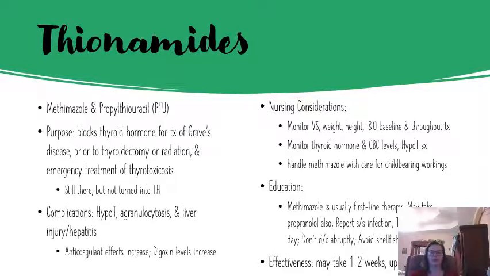We can give it prior to a thyroidectomy or radiation, and for emergency treatment of thyroid toxicosis, which was one of the complications of the previous medicine for treating hypo with the hormone, which led to hyperthyroid complications. So a hyperthyroid complication is thyroid toxicosis.